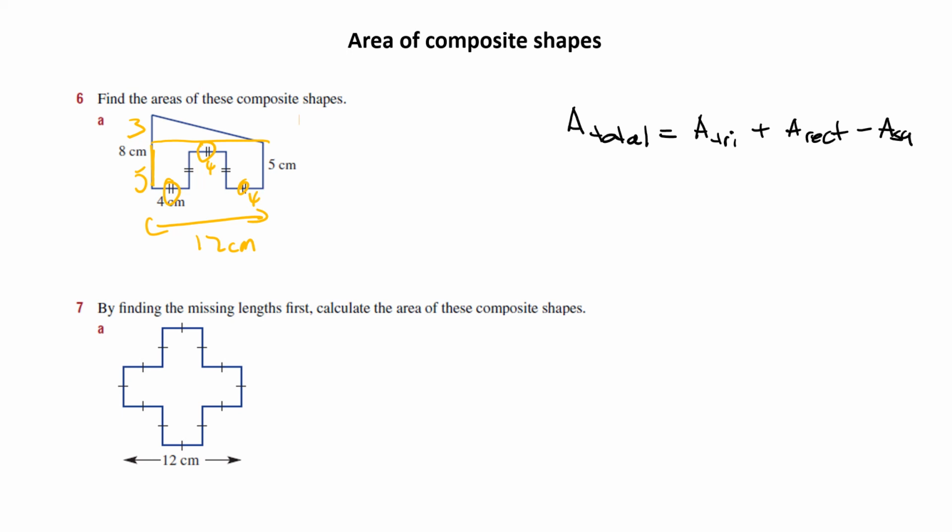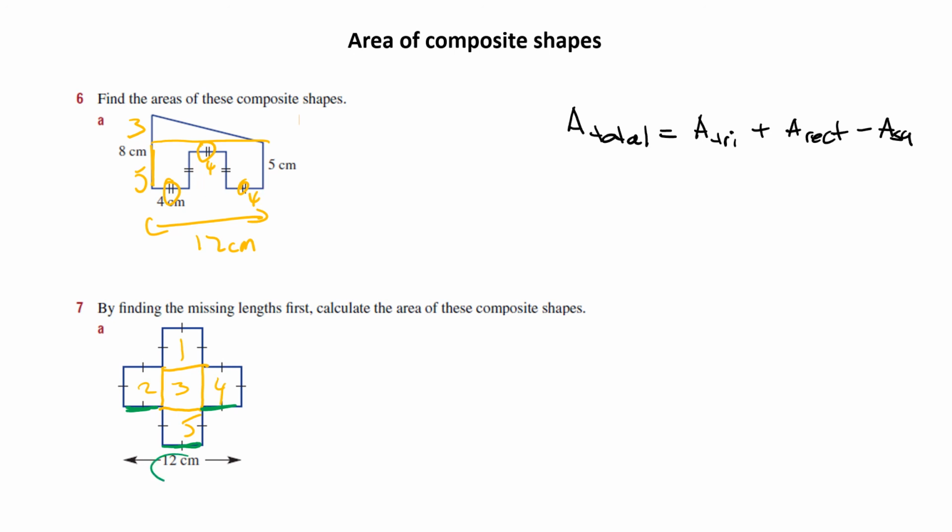One like this, before I even worried about the distances, I'd be looking at how many shapes. I only have to calculate one of these, because at the moment I've got 1, 2, 3, 4, 5 shapes of the same size. And how do I work that out? Well, I've got 3 distances the same.